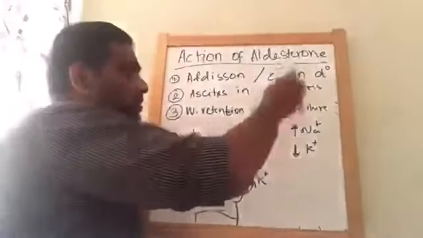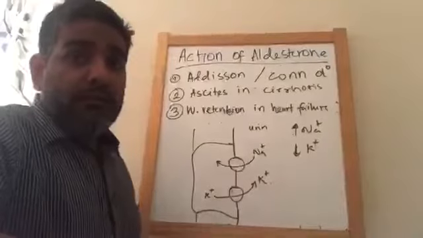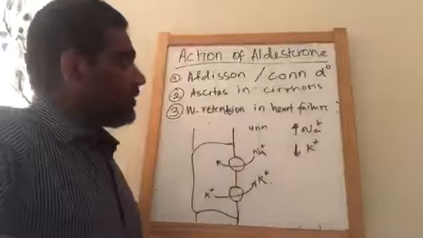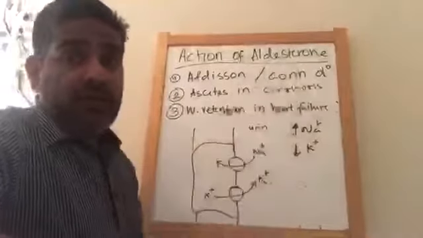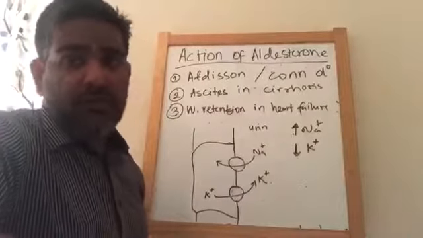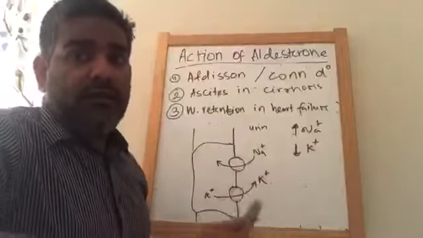In cirrhotic patients, as you know, aldosterone catabolism happens in the liver. So when a patient has cirrhosis, that means aldosterone cannot be degraded.